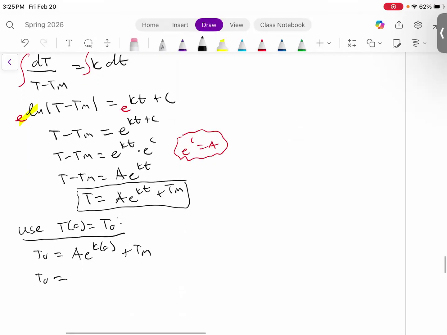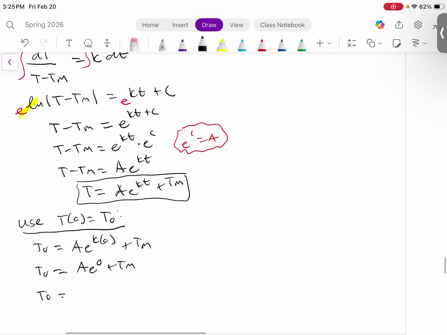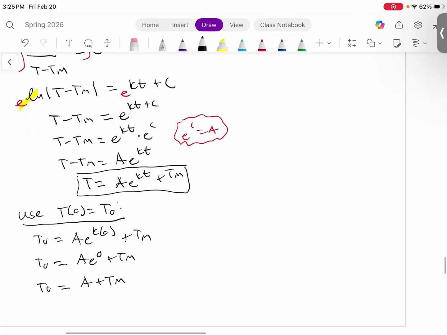So T naught equals A e to the 0 plus T sub m. e to the 0 is just 1. So T naught equals A plus T sub m. And so we can say A, if we move the T sub m over to the left-hand side, is T naught minus T sub m, our ambient temperature.